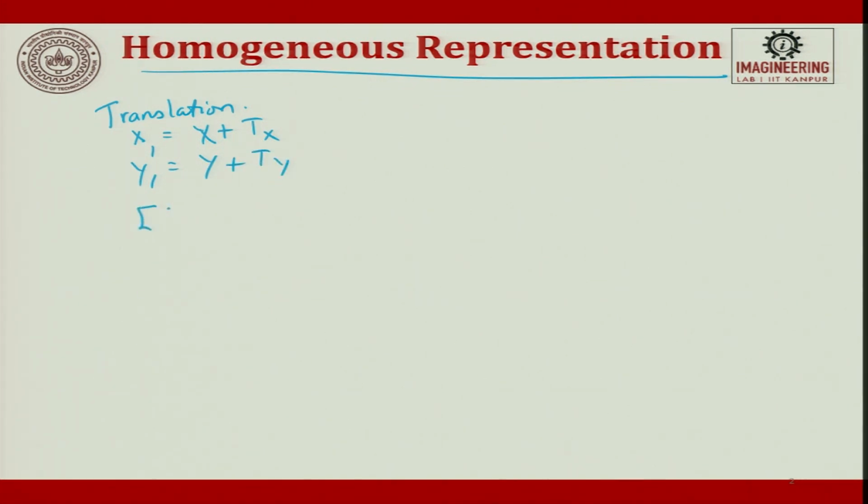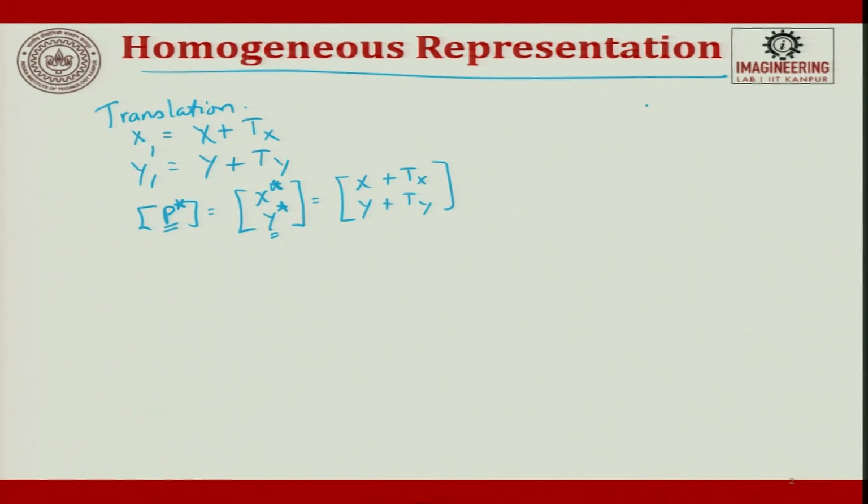So the new point P star can be represented as x star, y star, which is nothing but x plus tx, y plus ty. These are the points and these are the converted points. These are x and y which get converted.